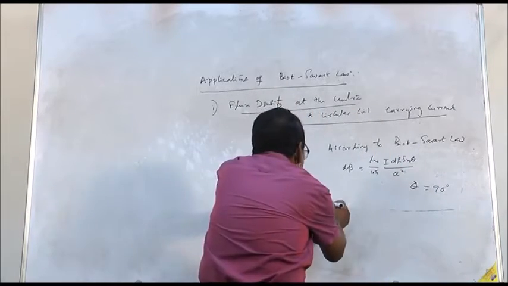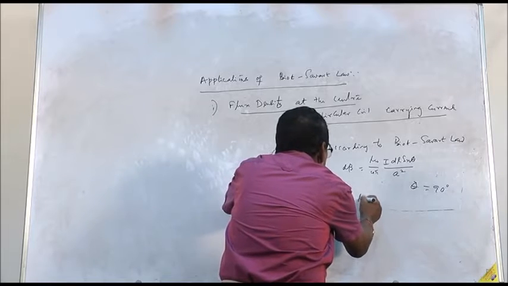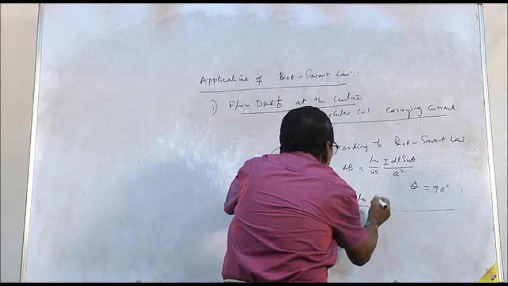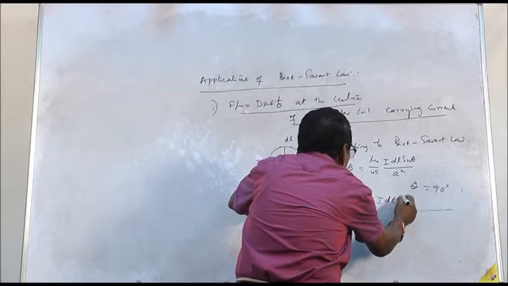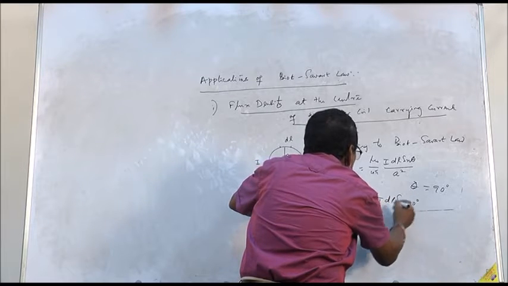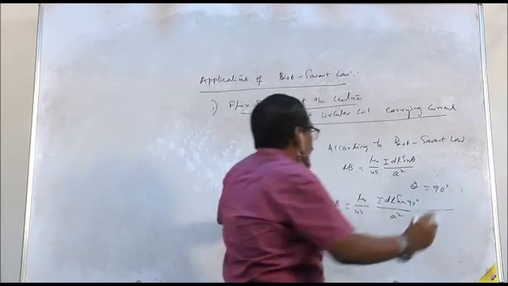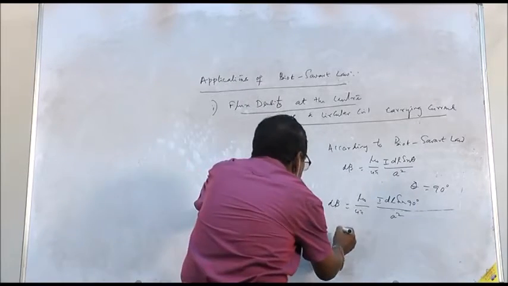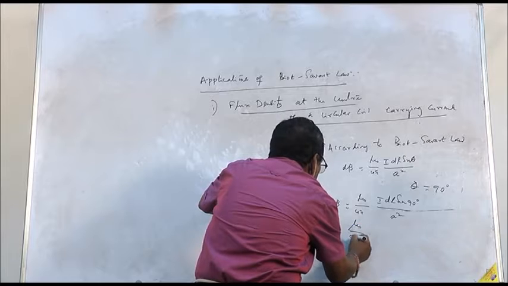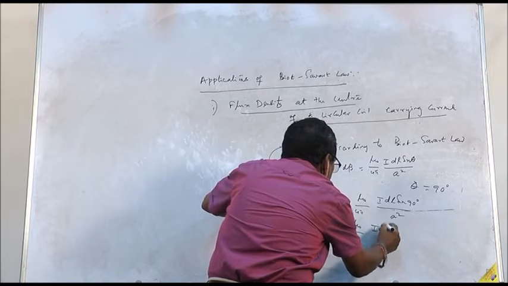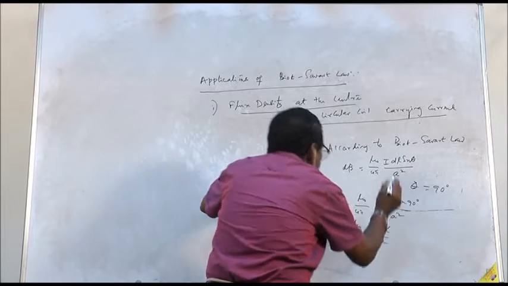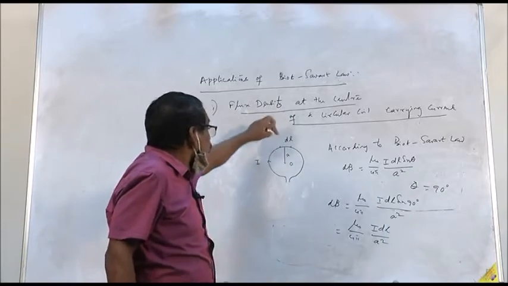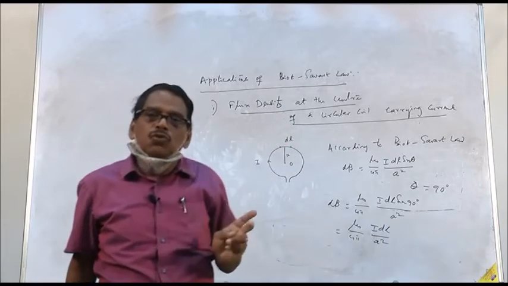So, what is dB? dB is equal to mu 0 by 4 pi I dl sin 90 by A square. Theta is 90 degrees, so this becomes mu 0 by 4 pi I dl by A square. This is the flux density due to the small element at the center O.